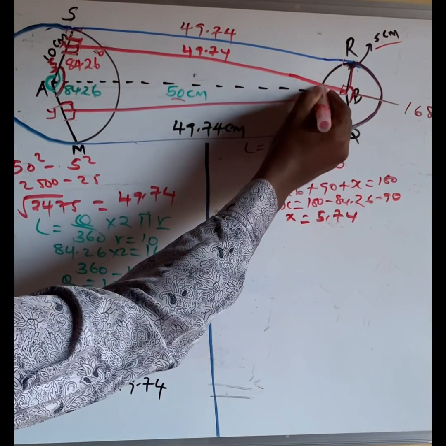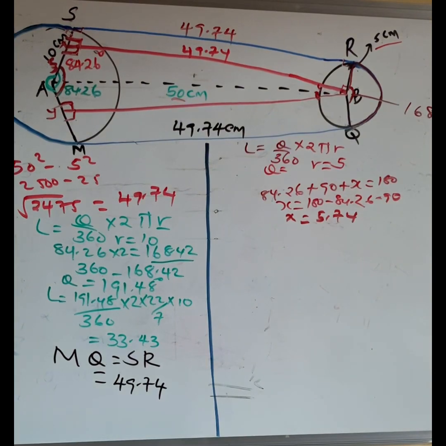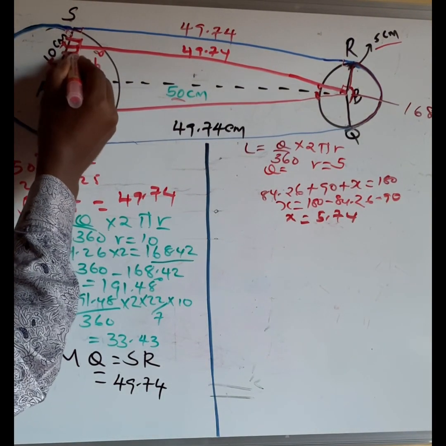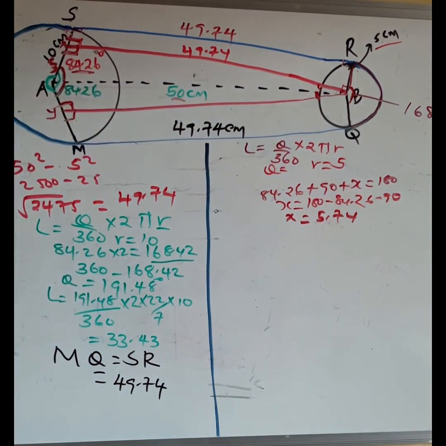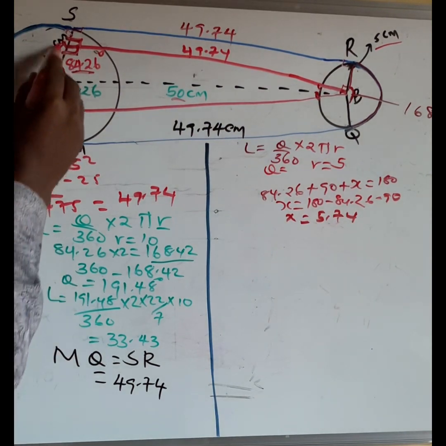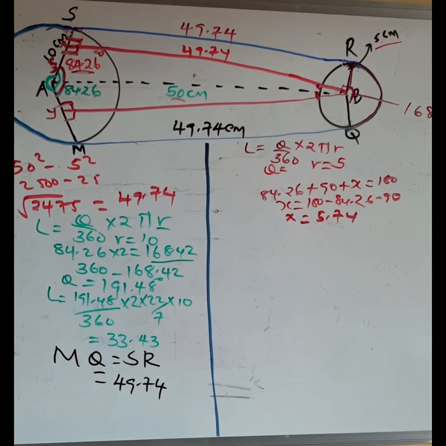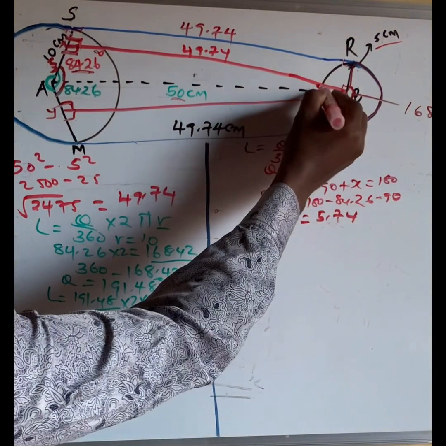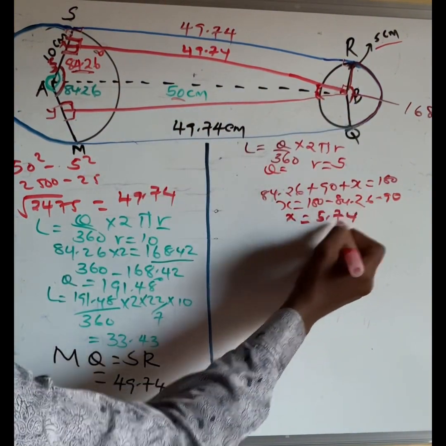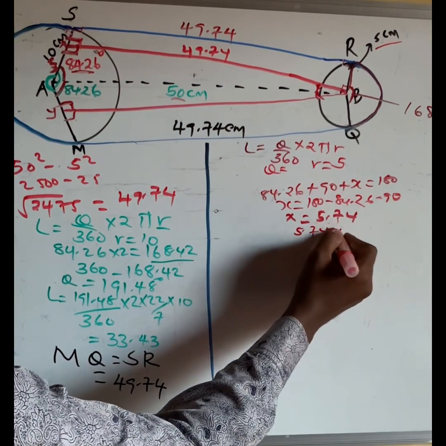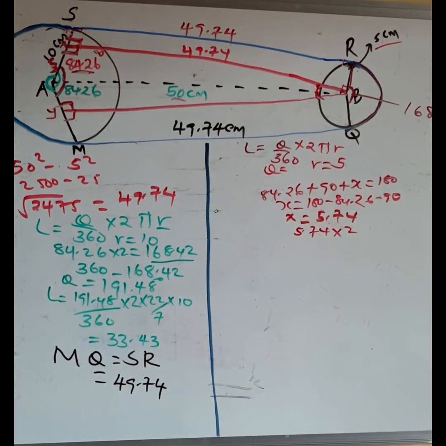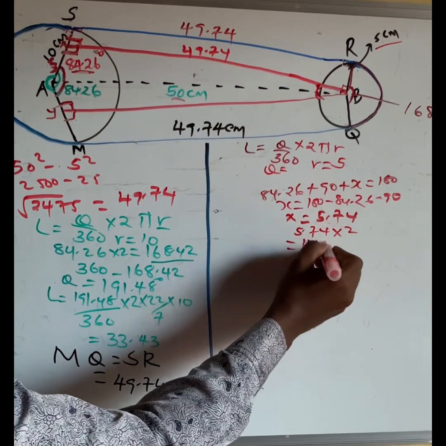We expect this one to be also 5.74 because this is also 90 and 84.26. That is triangle AXB. We expect this one to be also 5.74. So the whole of this means 5.74 multiplied by 2, which gives us 11.48.